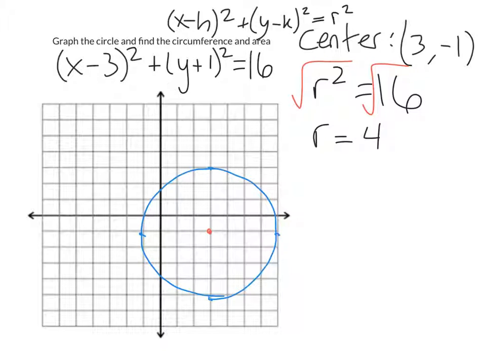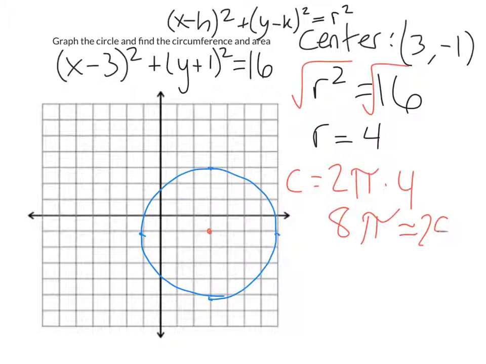The last things we want to do are circumference and area. So my circumference is equal to 2 pi times my radius of 4. So that's 8 pi. And if we were to approximate that and plug it into our calculator, 8 times pi gives me 25.13.